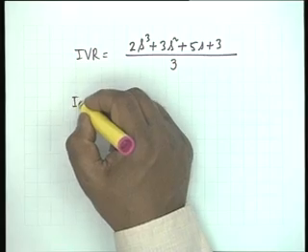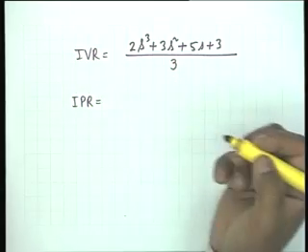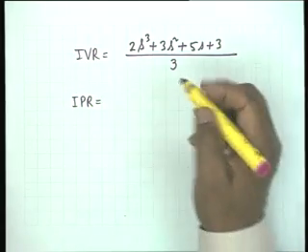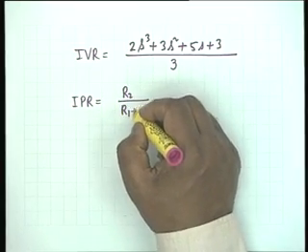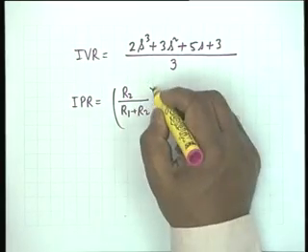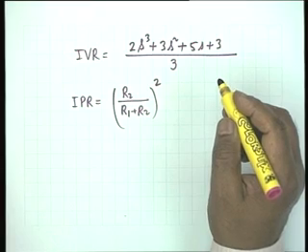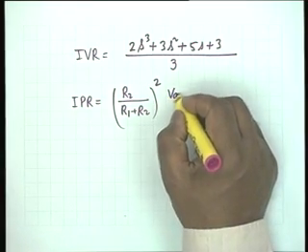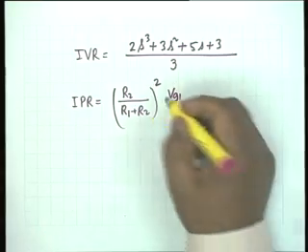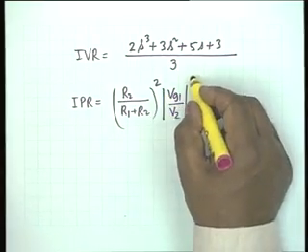And now the next question is how to find out IPR. IPR, as you know, is R2 divided by R1 plus R2 whole squared. This we had derived yesterday, multiplied by Vg1 by V2 magnitude squared.